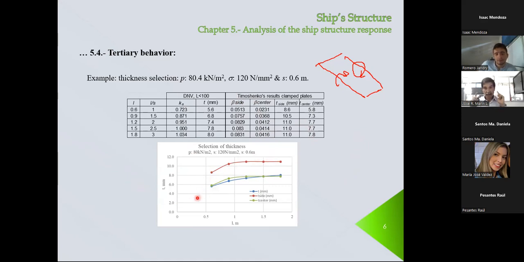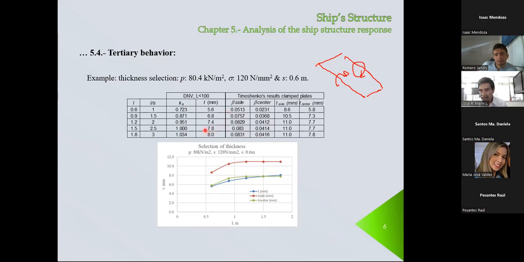If we consider the formulation from DNV, this is the result. And here, the other curve in green, is the thickness that we will require if we consider the bending moment at the central point of the plate.